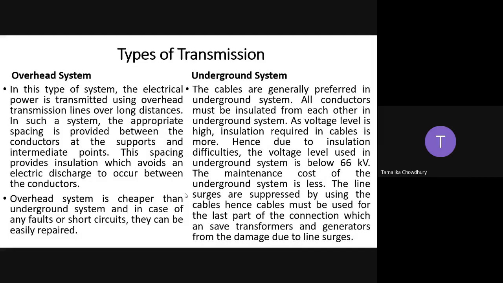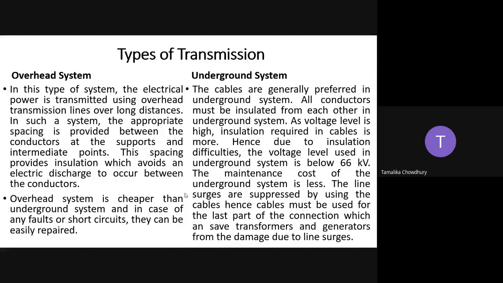Okay, now what is the underground system, and how is it done? Underground systems are mainly built by laying cables in trenches. First trenches are built, inside which the cables are placed. Cables are very finely insulated. Insulation is very important. So that goes below the soil, the underground transmission system. The cables are generally preferred in the underground system, and the conductors are inside the cables.